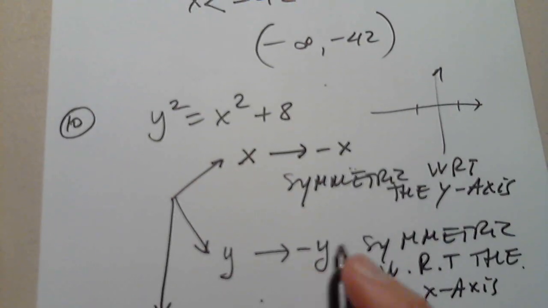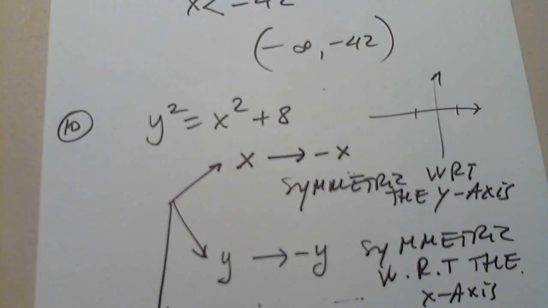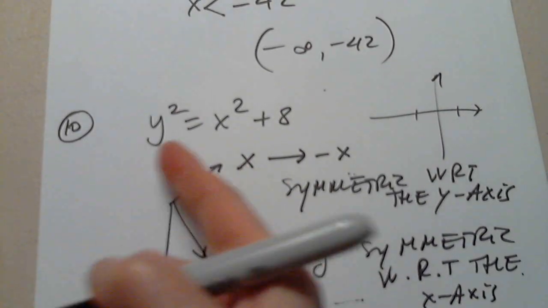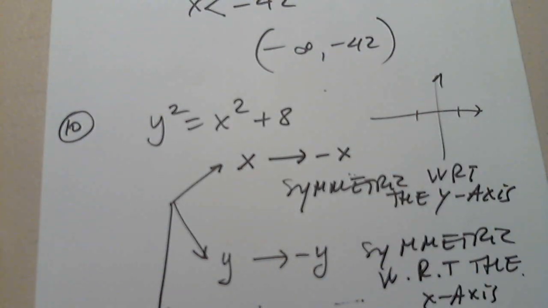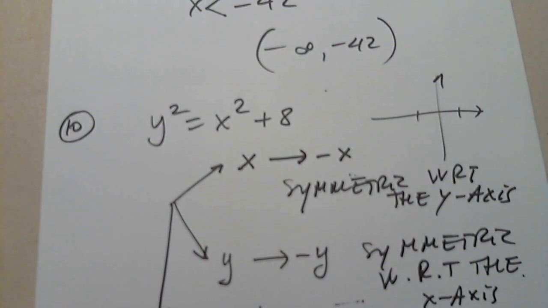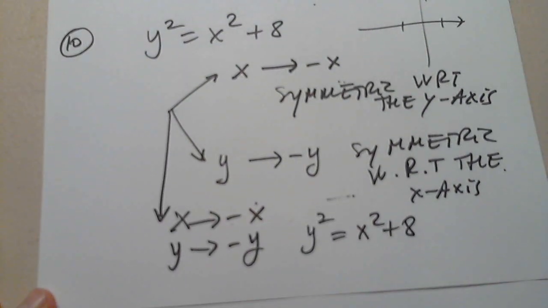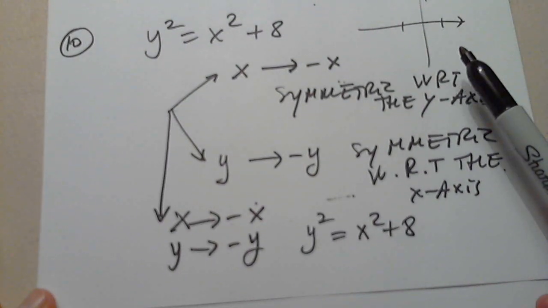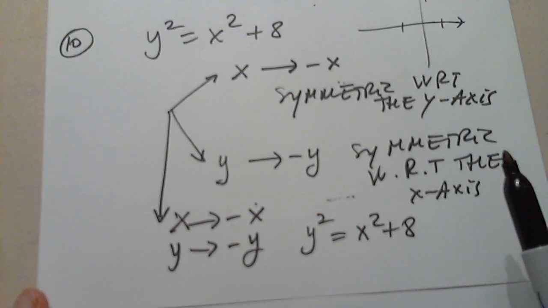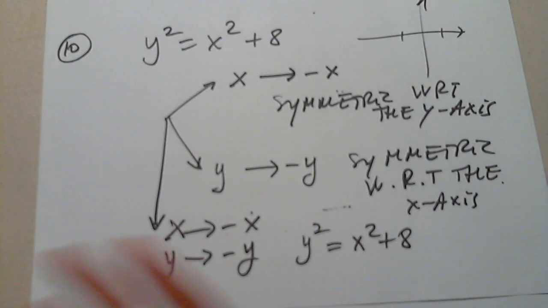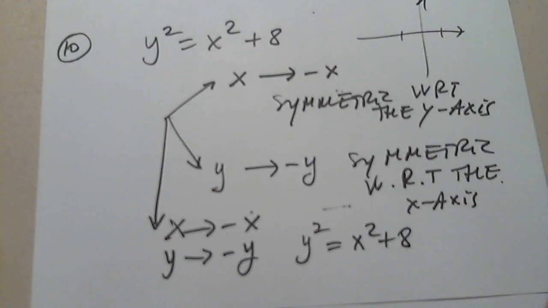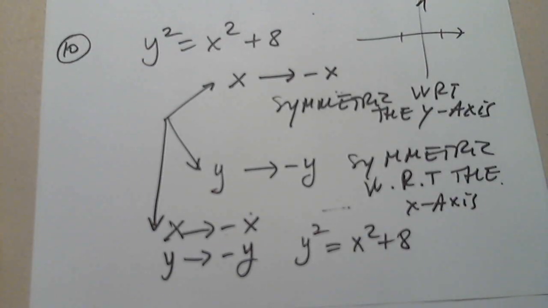Now, the third possibility, when I replace x with negative x and y with negative y, I still get the same equation. So it is symmetric with respect to the origin. So all symmetries, yes, they're always symmetric: with respect to the x-axis, to the y-axis, to the origin. All of them.